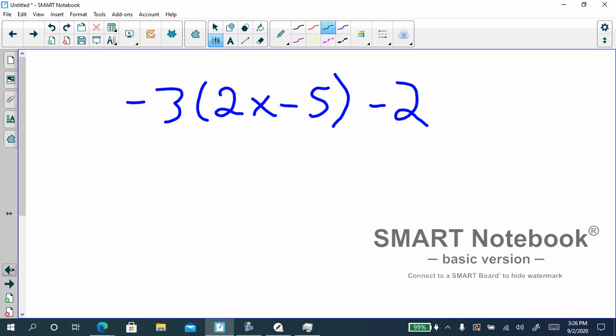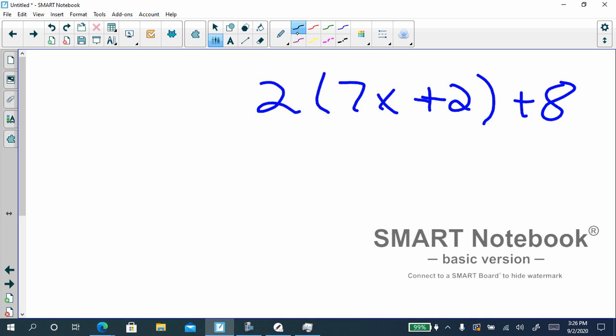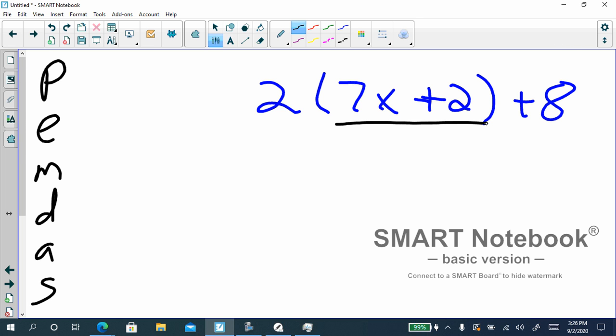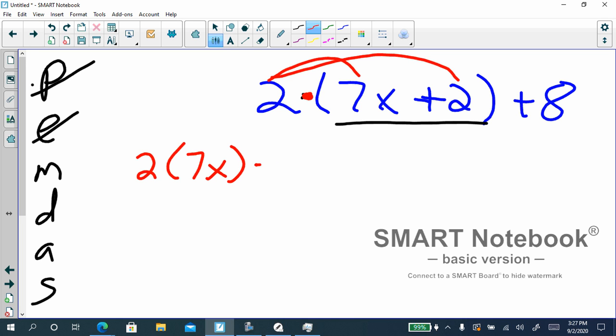A couple more. So we have several things going on, so let's do please excuse my dear Aunt Sally. On the inside of parentheses, those are not alike, so we cannot put those together. There are no exponents. There is multiplying here, so 2 gets multiplied times both of those. 2 times the 7x and 2 times the plus 2.